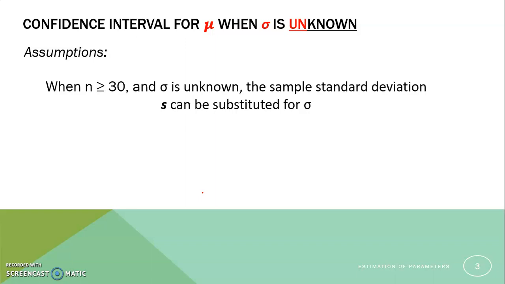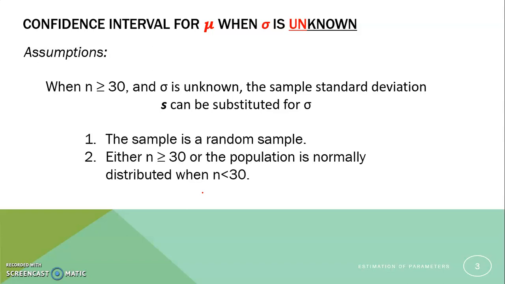So, we are going to use the T statistic when the number of sample is greater than or equal to 30, tapos unknown pag yun sa population standard deviation. If unknown ang atong population standard deviation, that's the time nga atong gamiton si sample standard deviation as the substitute for sigma.